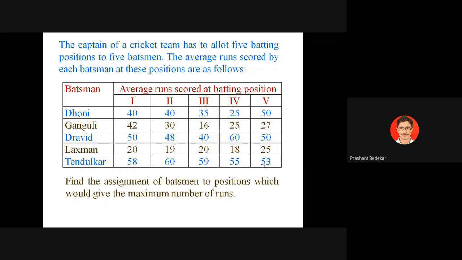If Dhoni is sent as opener and that too facing end, which is called position 1, average runs scored are 40. Dhoni is sent as opener, but not on facing end, but running end, average runs scored 40. 1 down, 35. 2 down, 25. And 3 down, 50. Likewise, the data for Ganguly, Dravid, Lakshman and Tendulkar is given.